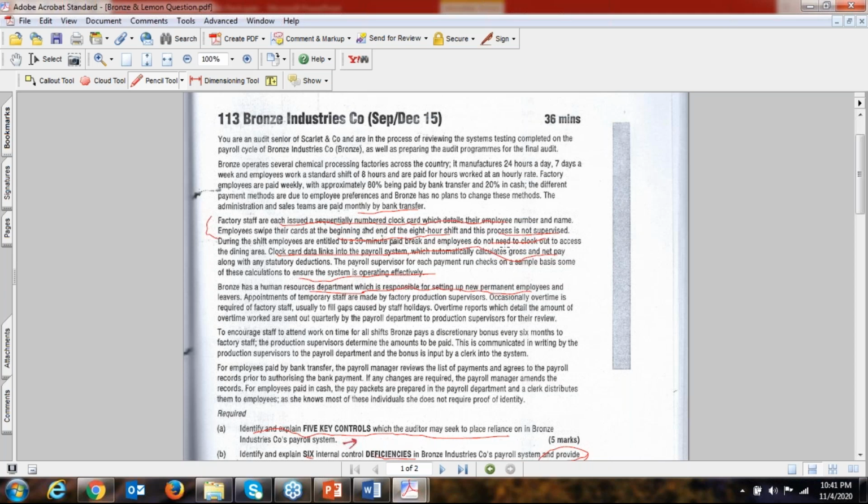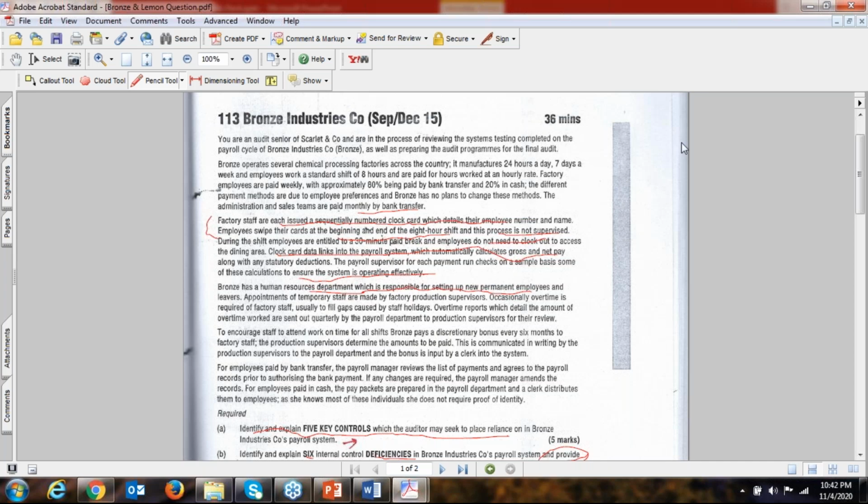That means the employees do not need to log out when they are going for the break. So this is the second deficiency, that employees do not need to clock out to access the dining area. Now, why is it a deficiency? Now, the ball is in your court. I need your feedback. Why is it a deficiency?